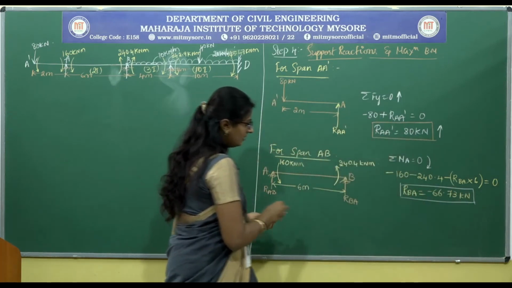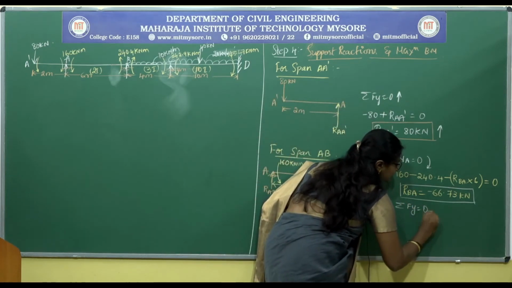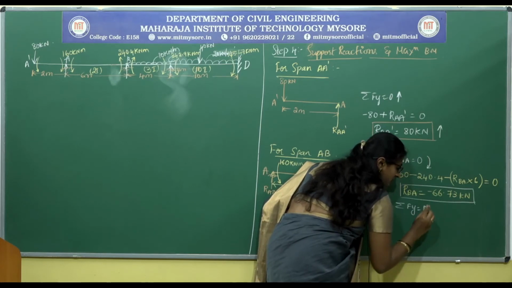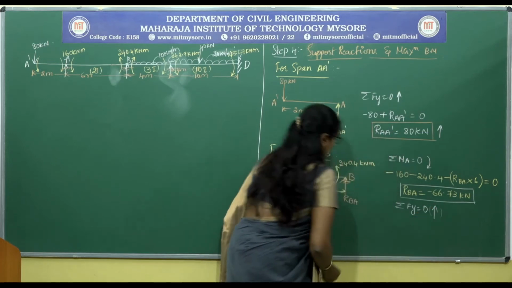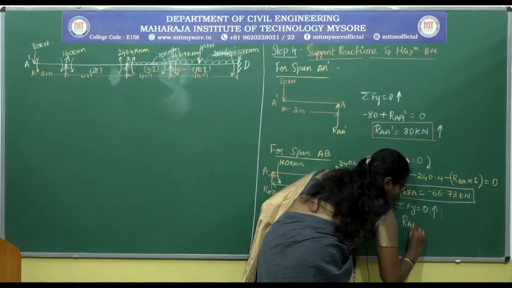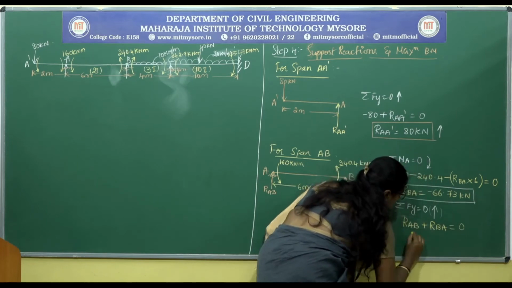One more condition: sum of all the vertical forces is equal to 0, upwards positive. We have only two vertical forces, that is RAB and RBA, equal to 0.